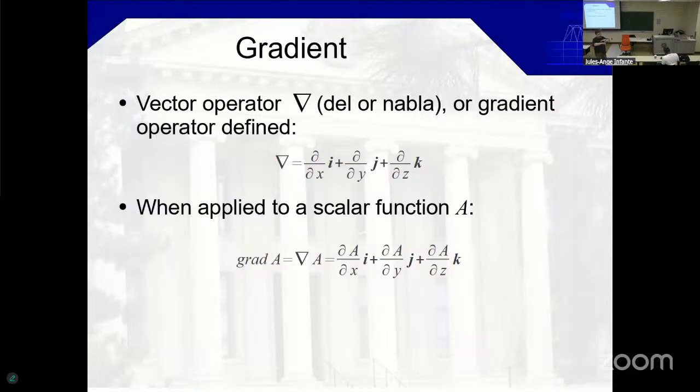So you have pressure distribution in saturated soil. That's your scalar field, the pressure. The gradient is the resulting vector, and the gradient will point in the direction in which the flow is going at any given point.